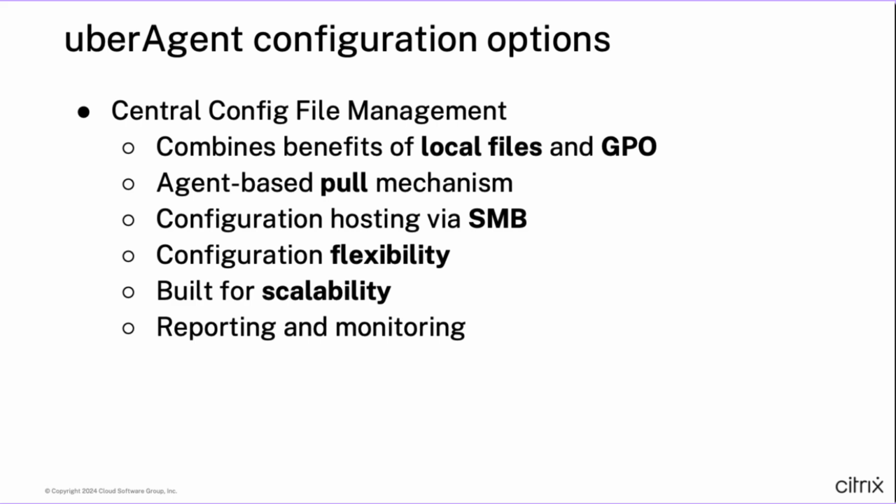So you could publish different configuration archives for your different uberAgent versions, but also different configuration needs. Let's say you have department A that requires only the hardware inventory, then you could create a specific configuration set just for this department. And with that, you can publish configurations depending on location, department, or other properties.